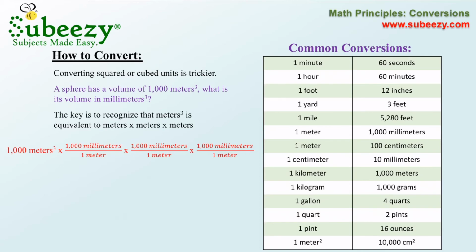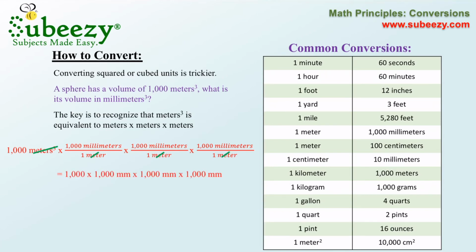And when we multiply by this ratio, and we keep meters in the numerator and meters in the denominator, we can cancel them. But since we have meters cubed, we need to cancel it 3 times. And the 3 meters in the denominator cancel with the meters cubed in the numerator.